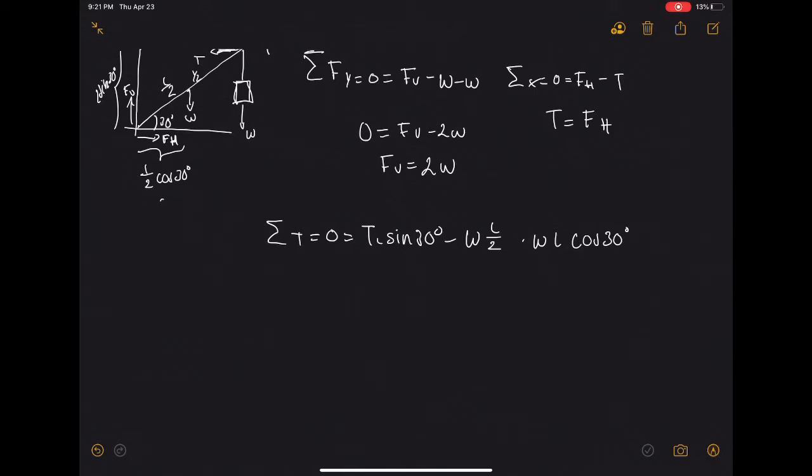So now we can cancel all the L's, and then we get T sine 30 minus W squared cosine 30 minus W cosine 30, and we can move this to the other side to make all of them positive.